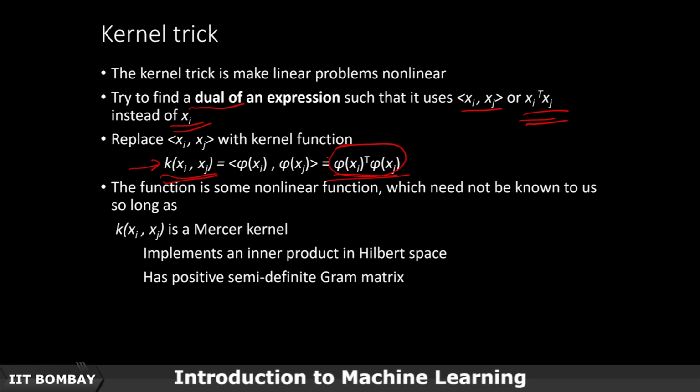Because this dot product already satisfies the Mercer kernel property, we can replace it by any kernel that satisfies the Mercer kernel property, which means that its Gram matrix is positive semi-definite. We will use that, and that is called the kernel trick. We will replace all the dot products with a kernel.